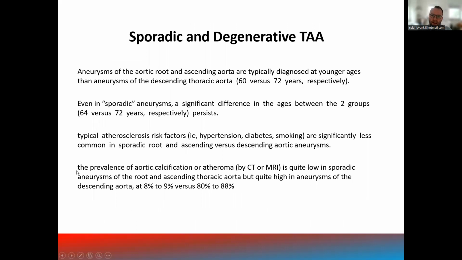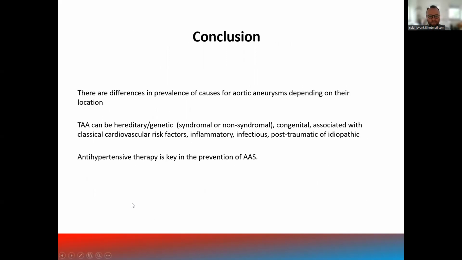And further on, we have the sporadic and degenerative thoracic aortic aneurysms, which, even if they are sporadic, present at a younger age than descending thoracic aneurysms, as you can see. And typical atherosclerotic risk factors such as hypertension and smoking are significantly less common in sporadic root and ascending aortic aneurysms. Interestingly, the prevalence of calcification in sporadic aneurysms of the root and the ascending aorta is not as high as in descending aortic aneurysms.